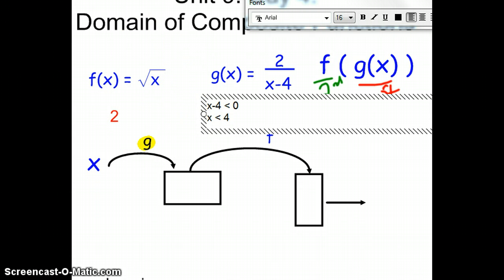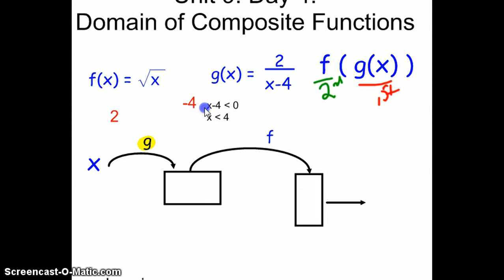So any number, not only just 4, which is a no-no, but also any number like 2, which is less than 4, any number like 3, which is less than 4, and any other negative number cannot be used as X, because if I put them in as X, it's going to give me out a negative G, and I can't have a negative G because the negative G is going to be put into F, and F can't take negative numbers.